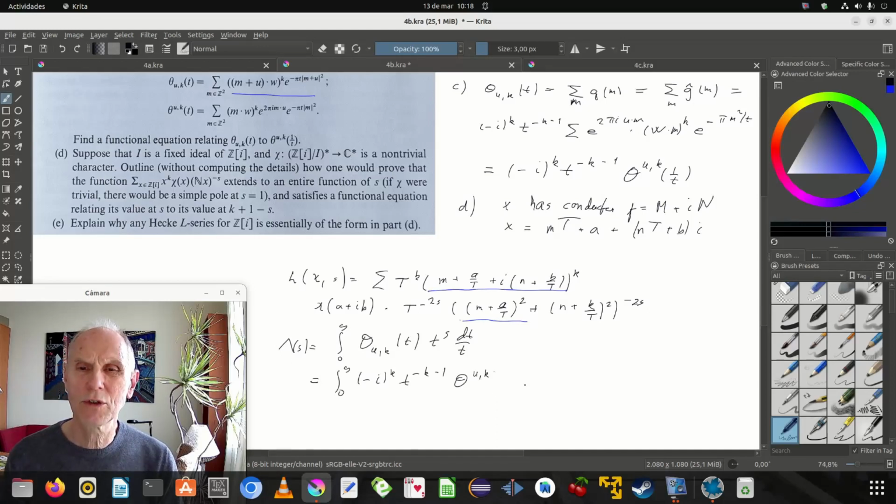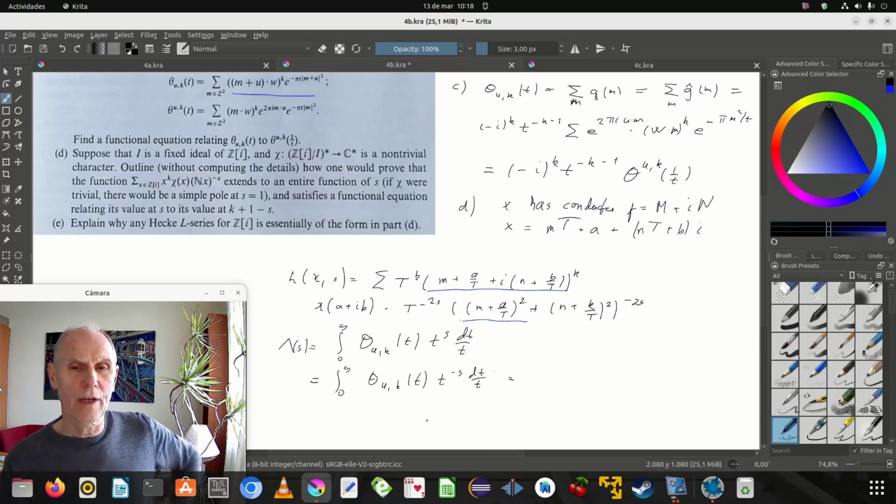No, that's not what we must do, is it? Let's change variable to 1 divided by t first. And then what?